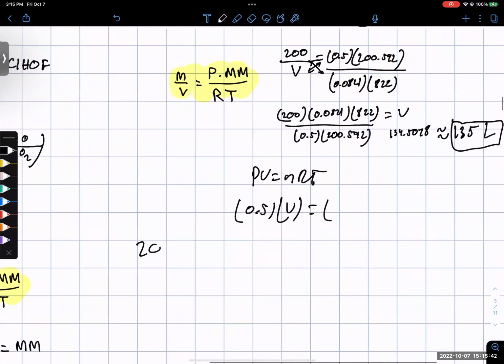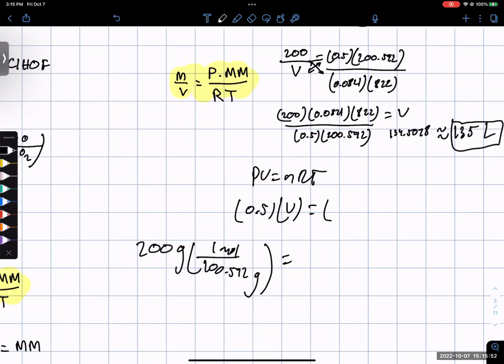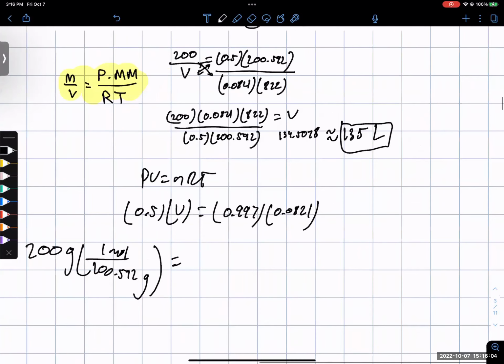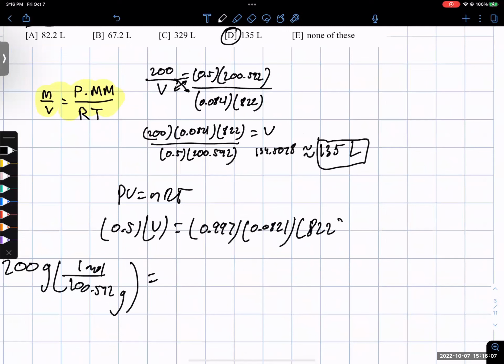We have 200 grams, and we have to convert grams to moles: 200.592 grams in 1 mole, so 200 divided by 200.592 is 0.997 moles. Then we have R 0.0821 and our temperature 822. Now we use V equals nRT over P, and if we solve this out, we get 135 liters.